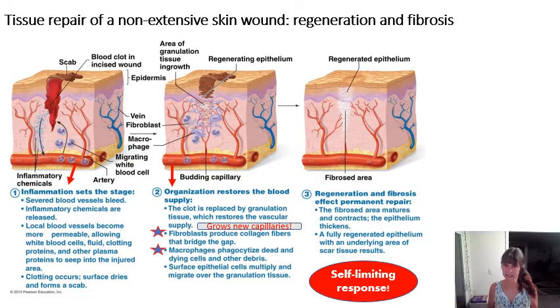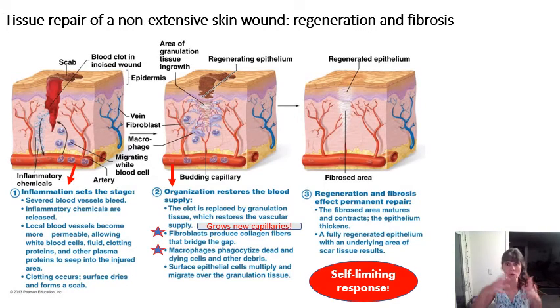We're going to look at tissue injury first by looking at what happens in a non-extensive skin wound. If we have a simple cut into the dermis, the severed blood vessels are going to start to bleed, releasing inflammatory chemicals, which we already know are histamine, heparin, and prostaglandins.